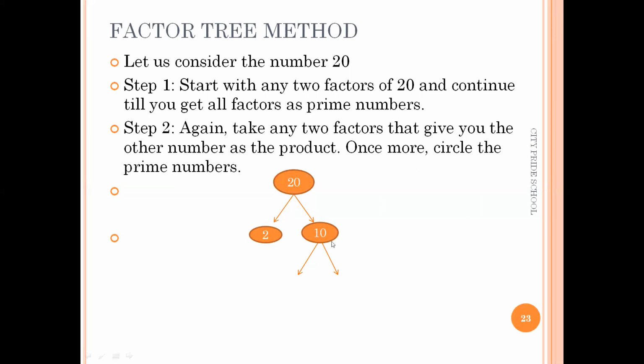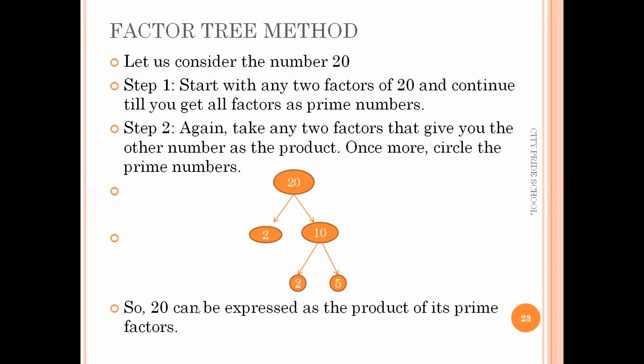Now 10 is not a prime number, so again divide it. Again check whether 10 is an even number or not. Yes, it is an even number, so again divide it by 2. So when we divide 10 by 2, we get 2 5s are 10. Now here 5 is also a prime number, 2 is also a prime number, and one more 2 is here. It is a prime number.